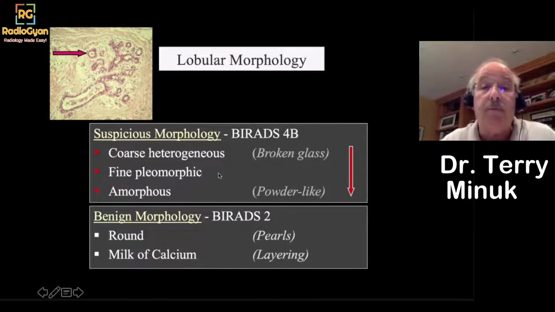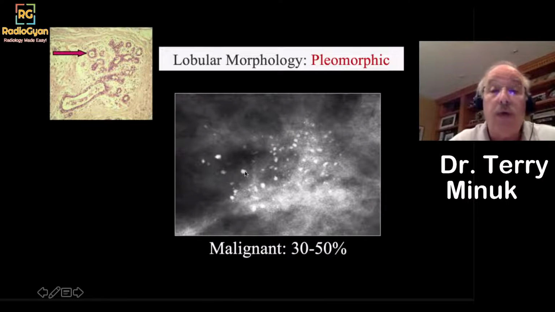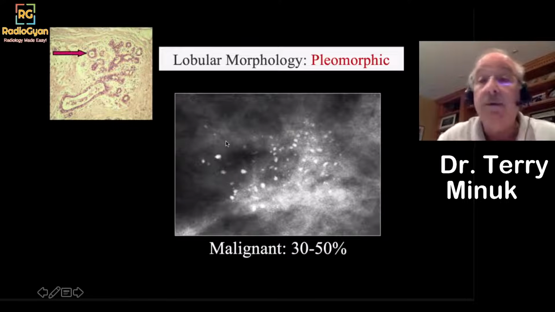So let's look at them. Now, here's calcifications that are different sizes, shapes, and densities. Some of these are bigger than 0.5 millimeters, so BI-RADS would call them coarse heterogeneous, but other calcifications are under 0.5 millimeters, so BI-RADS would call them fine pleomorphic. I just call them pleomorphic calcifications.